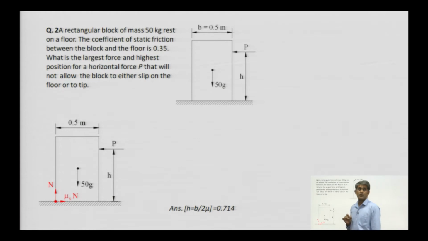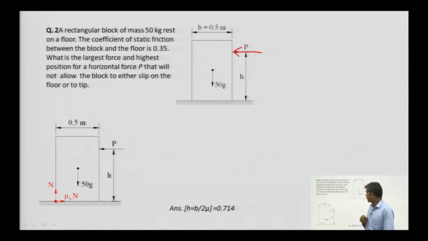Look at the second question. In this question, a block of mass 50 kg is placed on a horizontal surface. Its width is shown here, 0.5 meter, and a horizontal force P is acting at a height of h from the horizontal.